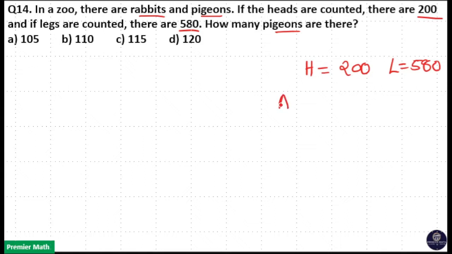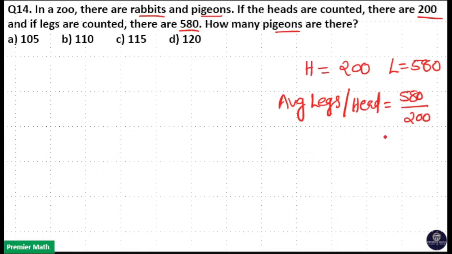That means average legs per head is equal to 580 divided by 200. That will give you 58 by 2, 29. 29 by 10, 2.9. So 2.9 is the average legs per head.